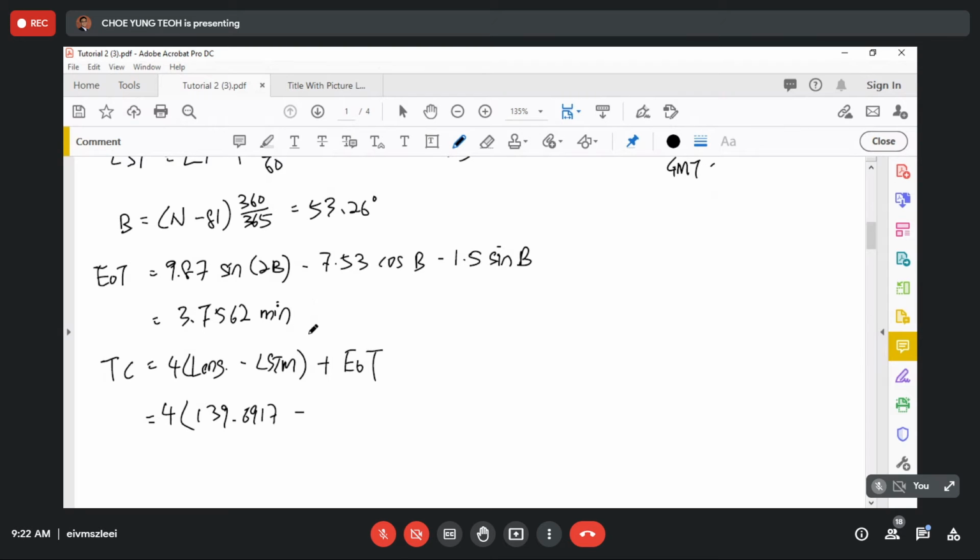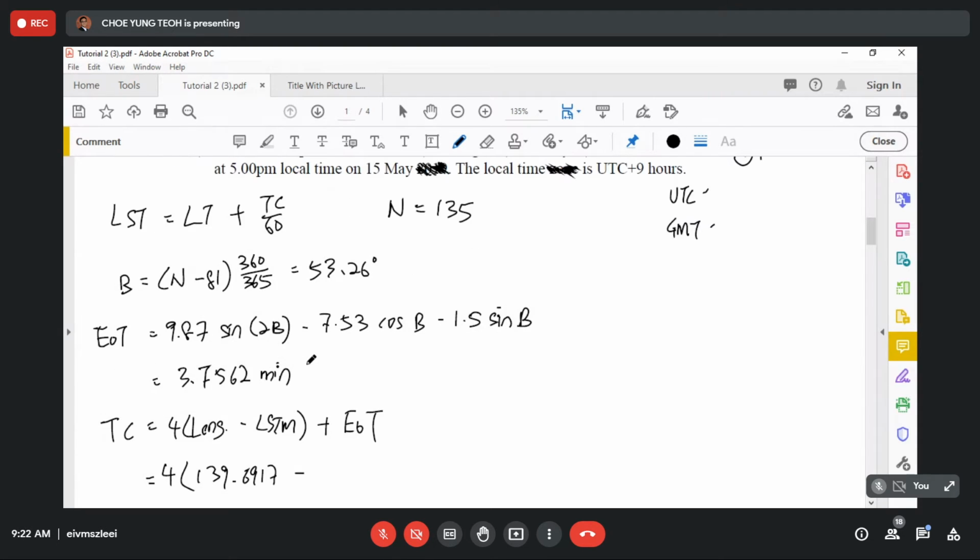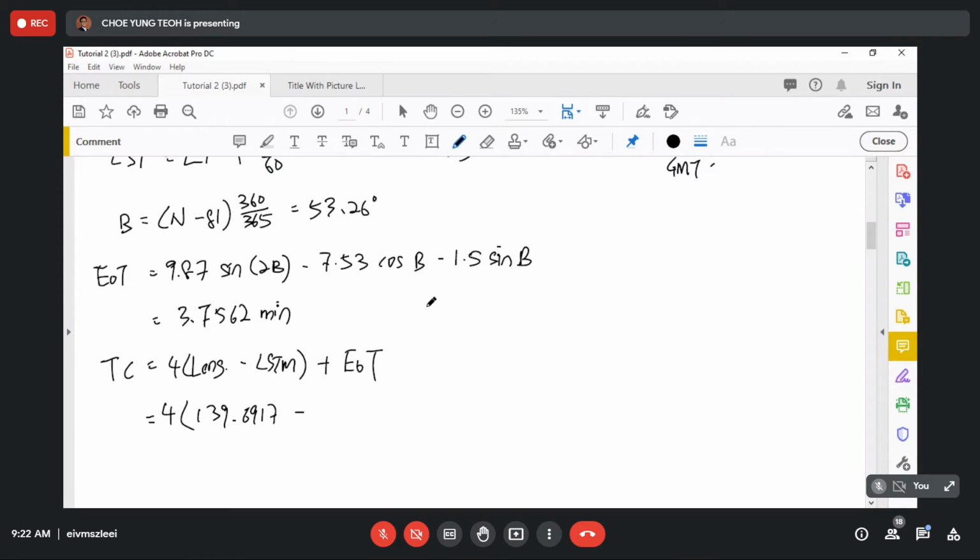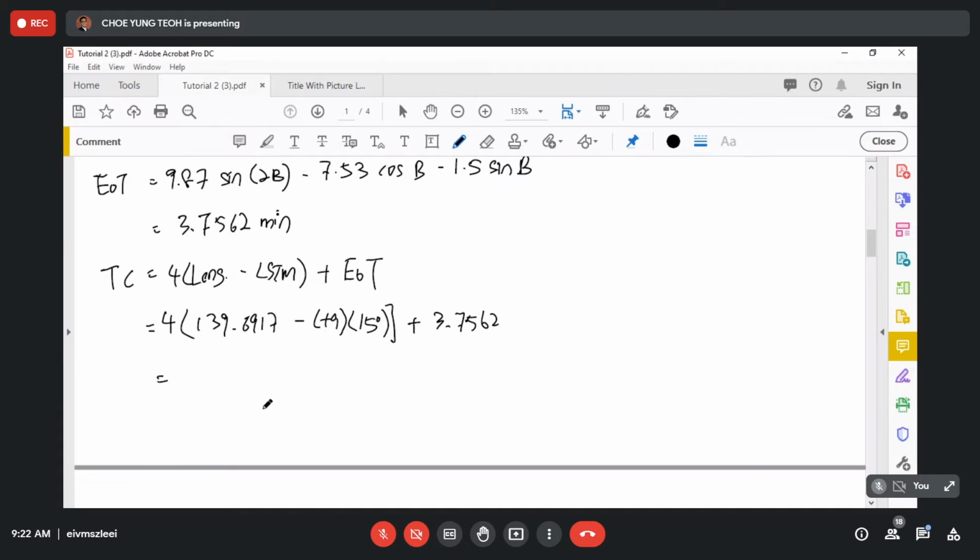Minus LSTM, we convert the time zone into the angle. So the time zone is plus 9, so the angle is 15. EOT is 3.7562. So the time correction factor is 82.523 minutes.